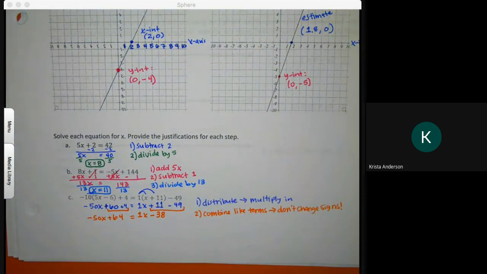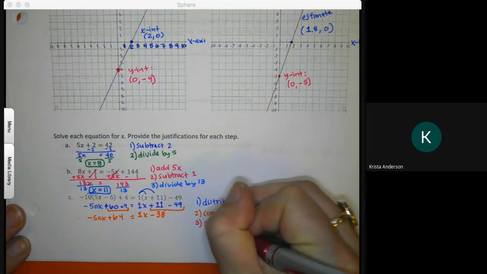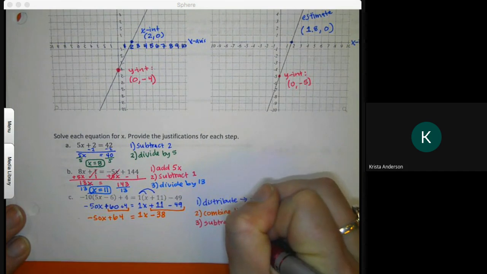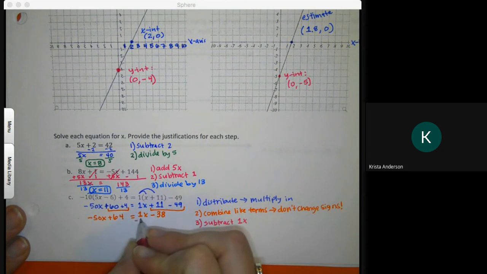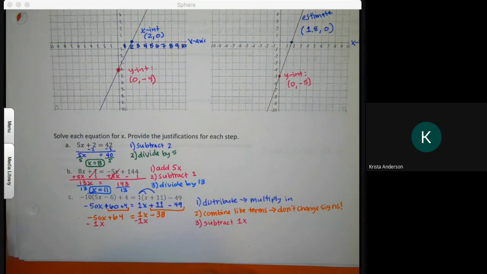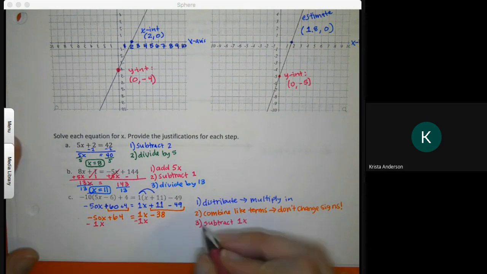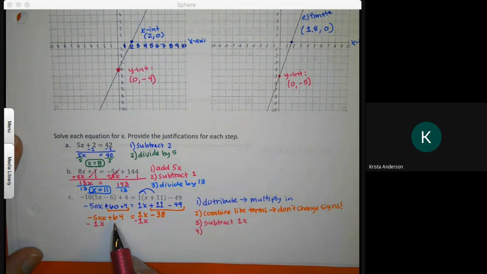Now's the time to switch signs because I'm going to change sides. So I'm going to subtract the 1x so that it moves over to the left side. Once I move this x to the left, what do I move to the right? 64. So how do I move the 64? Subtract.